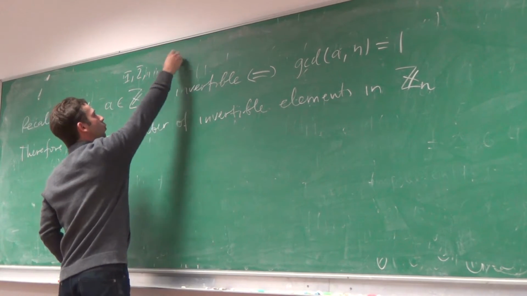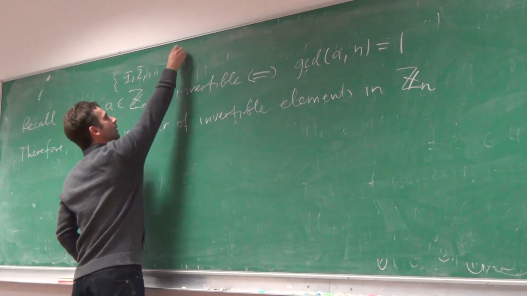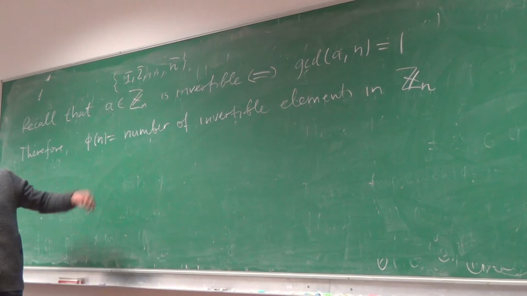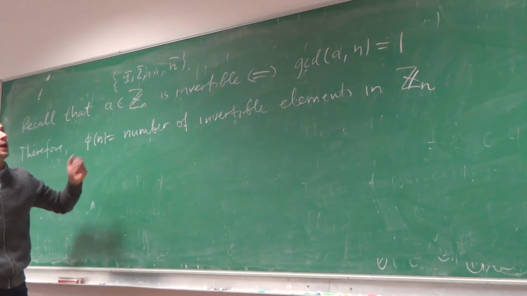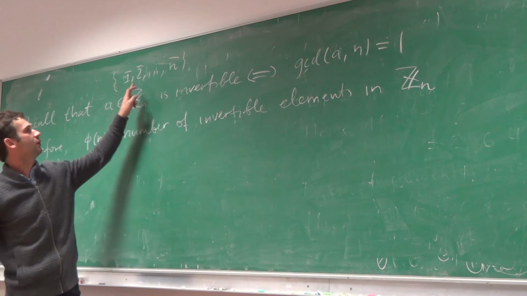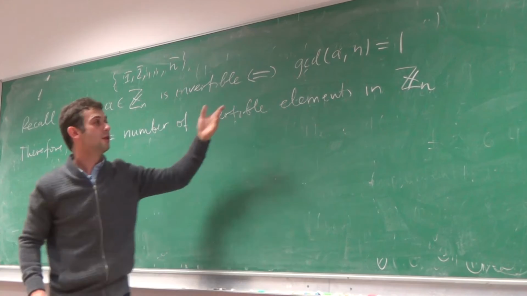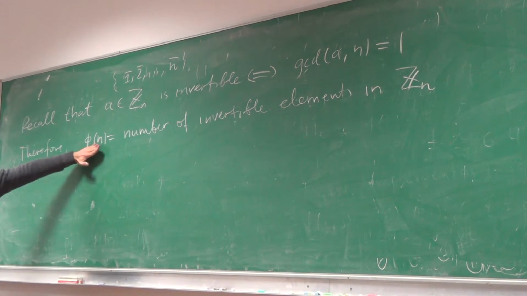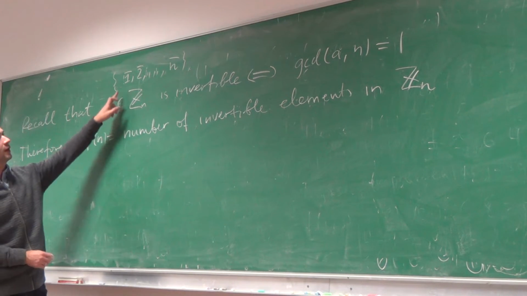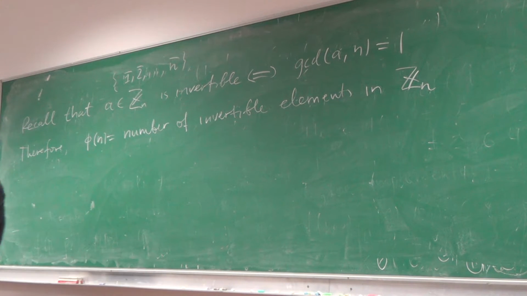I can write them from 1 to n bar. These are my elements here. Just this is equal to 0. And now what I'm saying is that one of those guys is invertible if and only if its integer is coprime to n. Therefore, another way to define this phi of n is to look at all the elements here which are invertible mod n. Yeah?